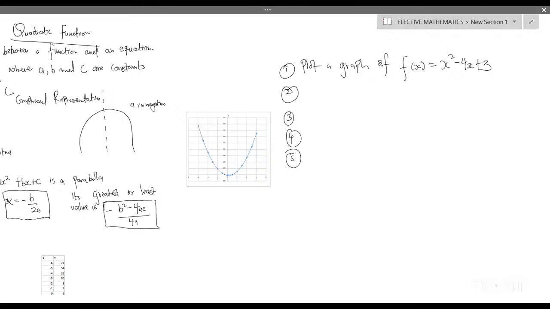And they've given you the range. The range is minus 2 less than or equal to x less than or equal to 6.